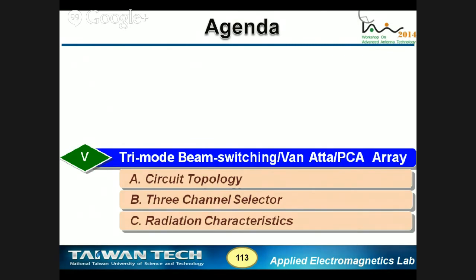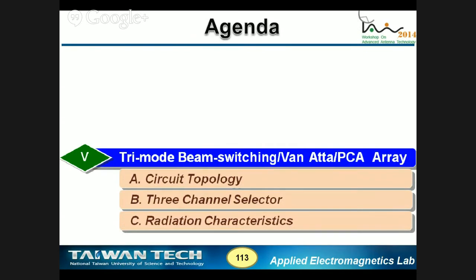We can have some positioning functionality. And for the Butler array, we can have wireless power transmission. And for the PCA array, we can of course add our own information through the local oscillator or low variation data, so that it functions as an RFID system or semi-active tag.